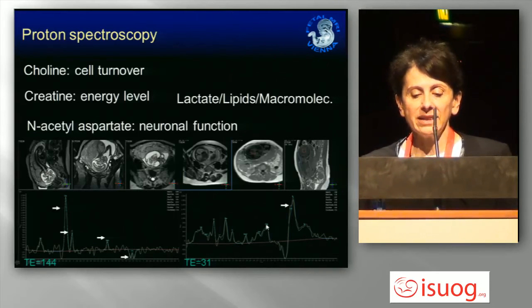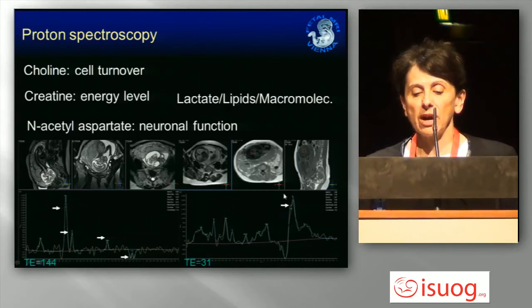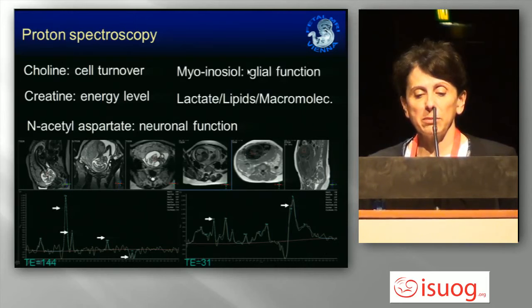And depending on what parameters you use, you will also have peaks in a region where you know it is maybe macromolecules or lipids, and this might be important in the diagnosis of some metabolic diseases, and also myoinositol can be seen. This is a marker of glial function. I'm only showing you that.